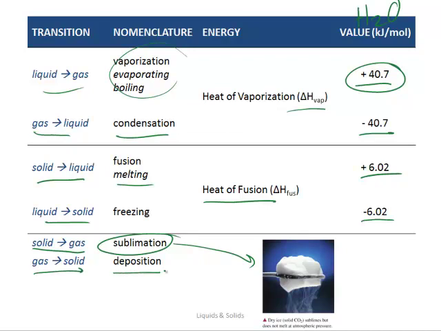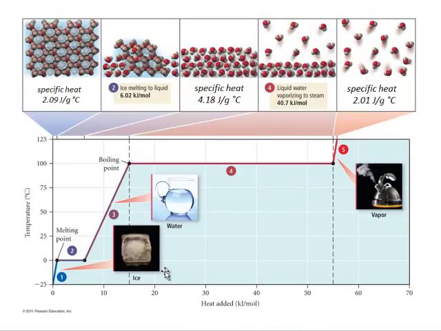Okay? Additionally, we also have to think about how much energy it takes just to warm a substance, whether it be water or any other substance. And that amount of energy that it takes to raise the temperature of, we'll just keep it simple, water, depends on, of course, how much water you have.